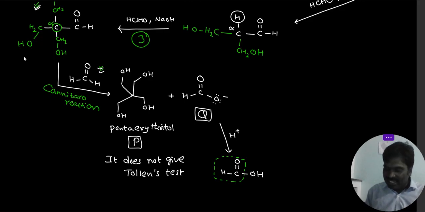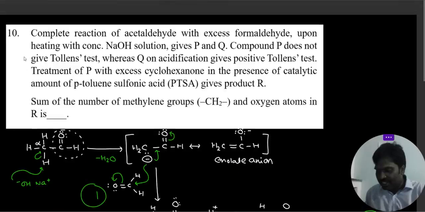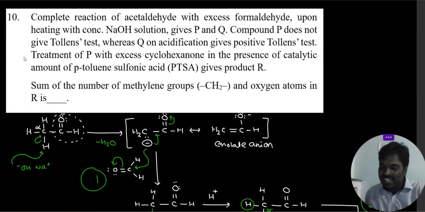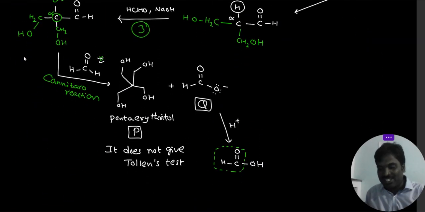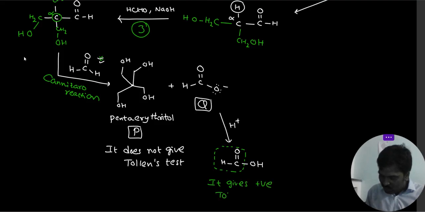Generally Tollens test is given by aliphatic and aromatic aldehydes, but this formic acid can give a positive Tollens test. Reason? In formic acid also an aldehyde group is present. That's why it gives positive Tollens test. Understood everyone? Yes.